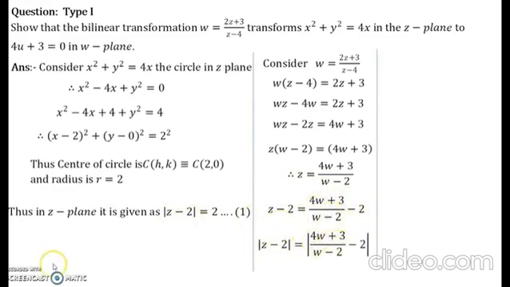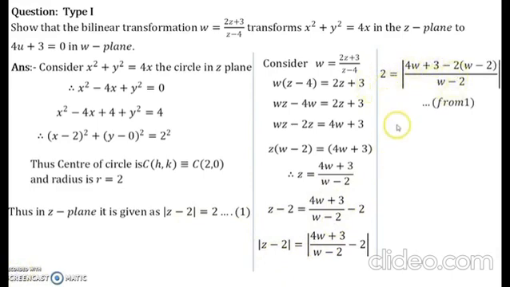I will get |z − 2| = modulus of something. We know |z − 2| = 2. Substitute that value in this equation. We will get 2 = modulus of, after taking the LCM on the right-hand side, (4w + 3 − 2(w − 2))/(w − 2).